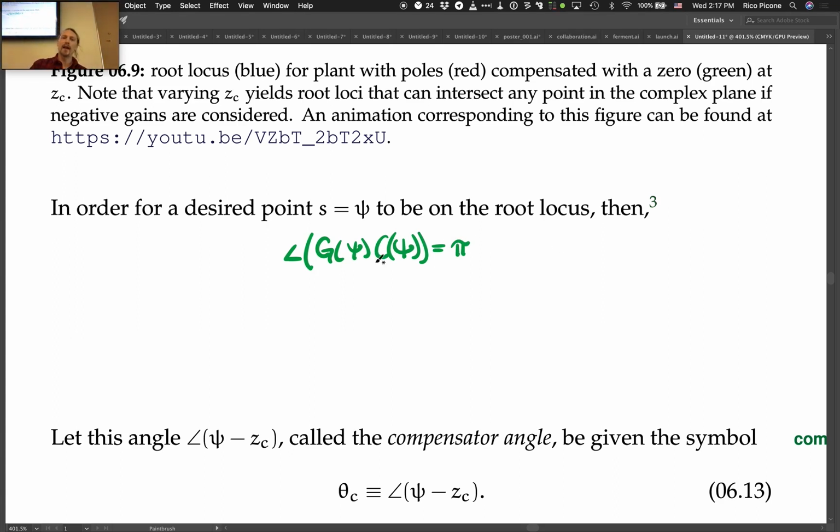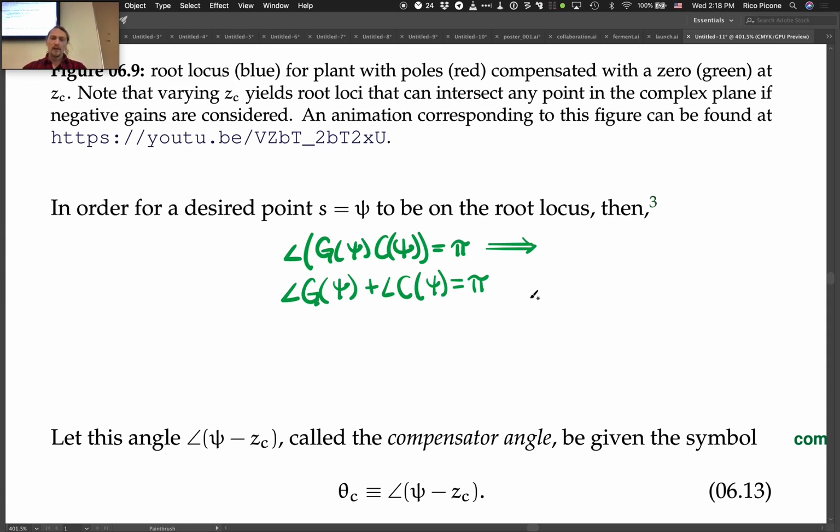So this is the angle criterion applied to the point psi. So this has to be true for us to have locus there. And that means that we can recognize that the angle contribution of each is a summation, angles sum. So we have the angle of G of psi plus the angle of C of psi equals pi.